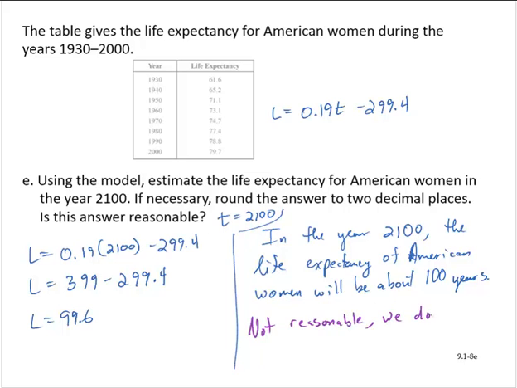We don't know if the life expectancy will continue to increase at the same rate.